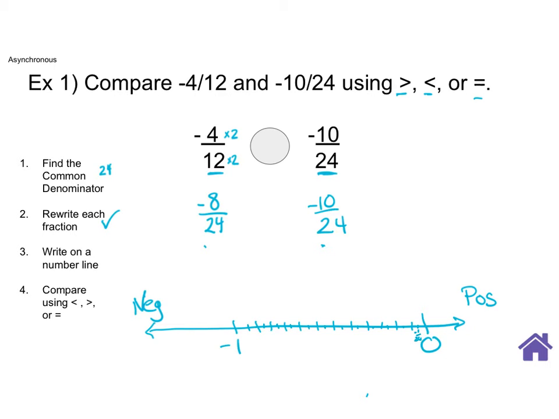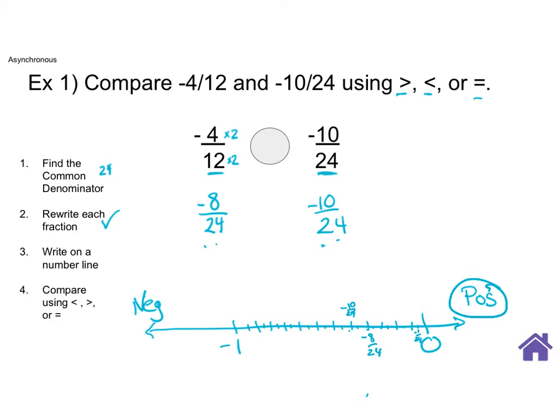But I need to figure out where -8/24 is and -10/24. Which one's going to come first? It'll be the -8/24. So 2, 4, 6, 8. This would be -8/24, and this one right here would be -10/24. So which one is greater, or which one's more positive?